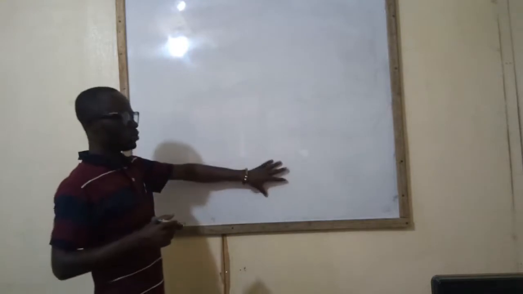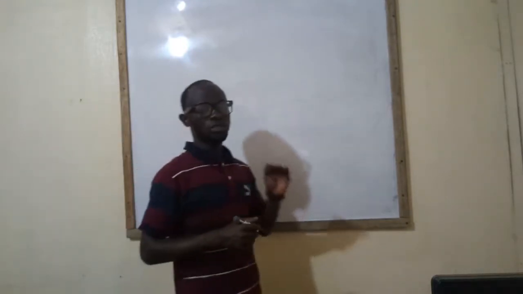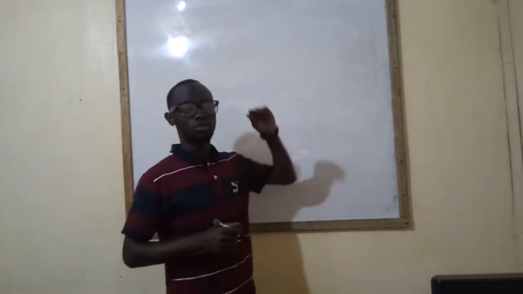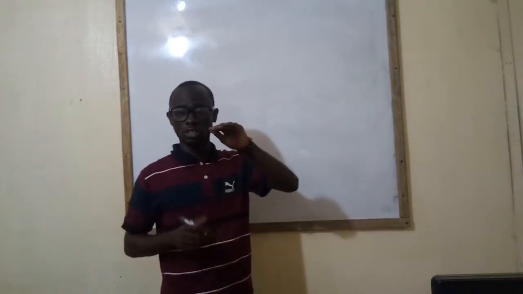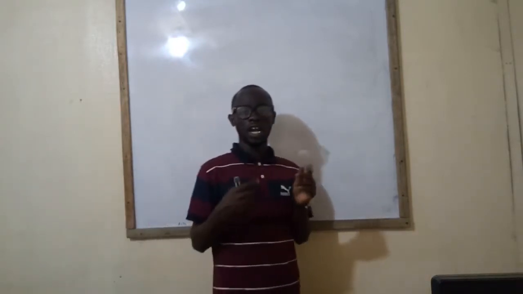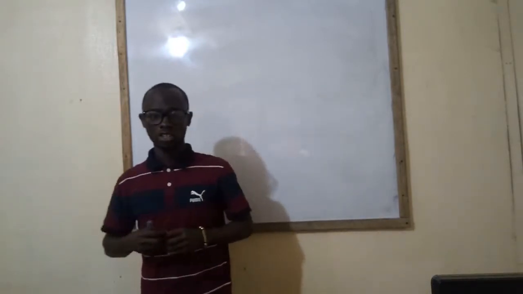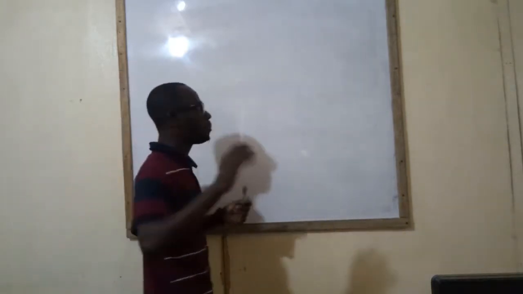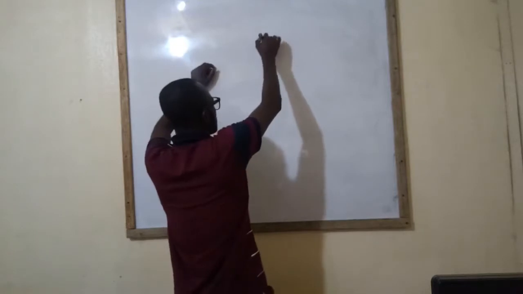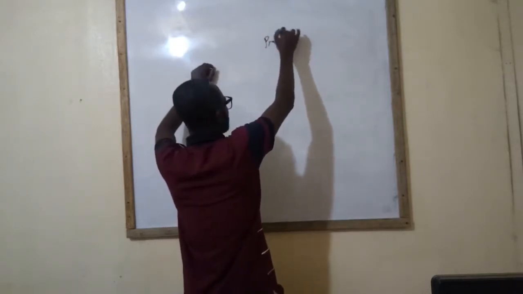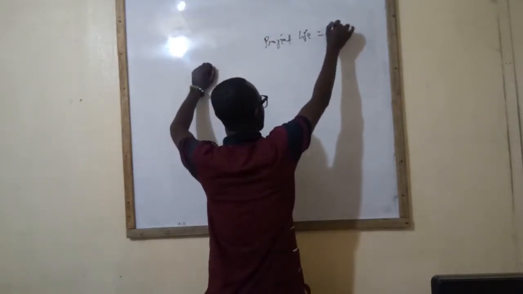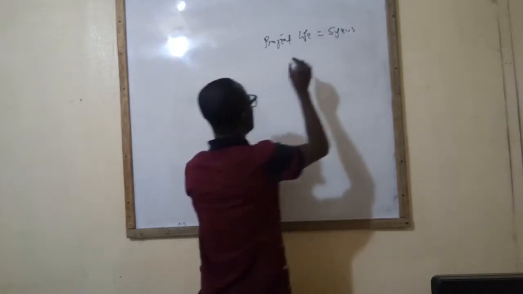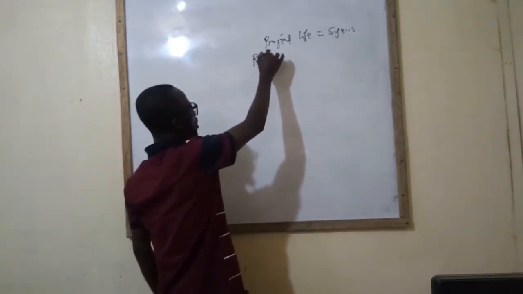Looking at the formula, the accounting rate of return is the average annual profit after depreciation divided by the average investment. Let's look at how we go about the question. Remember, the project life for these two projects is 5 years. So let's begin with project 1.